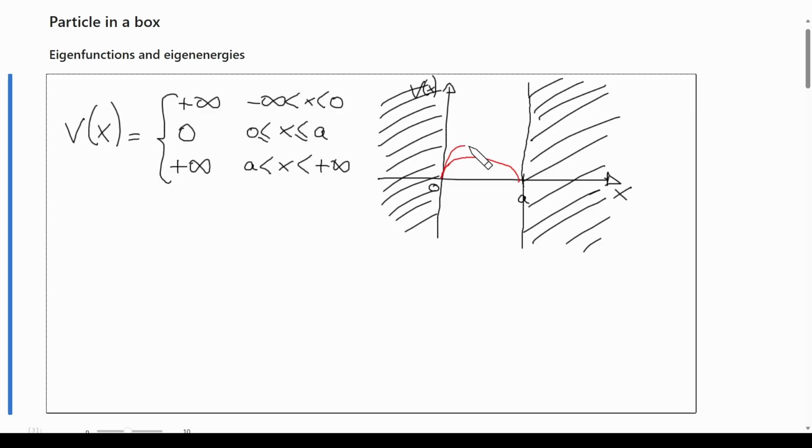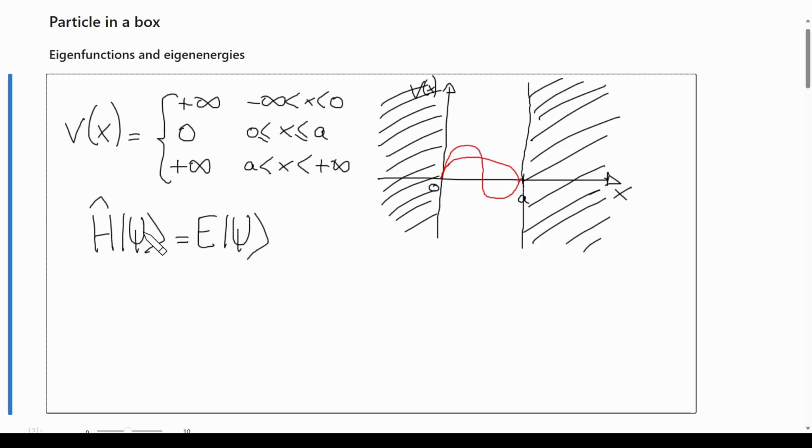And the question we ask is how or what will be the behavior of the particle in this region? And this is exactly what we aim to investigate. To do that, we solve the time-independent Schrödinger equation, H psi equals E psi.